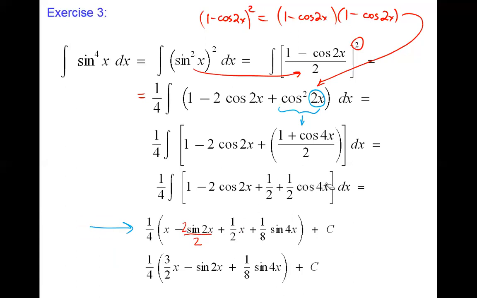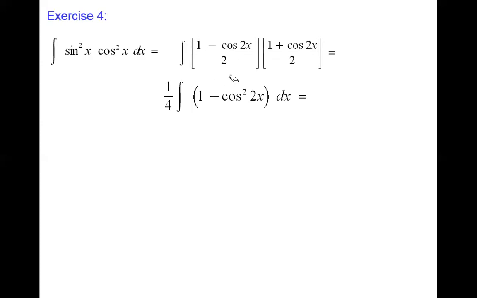Integral of cosine of 4x is sine of 4x over 4, and times 2 will give me 1/8. I can write over, the 1/2 was here, and 2 times 4 is 8. Okay, 1x plus half x, 3/2 x. The 2 is gone, and 2 times 4 is 8. That's my final answer. But we can see we did use the half angle formula.